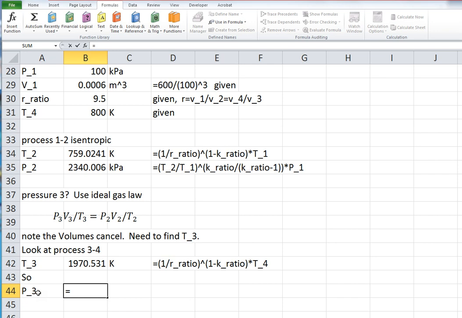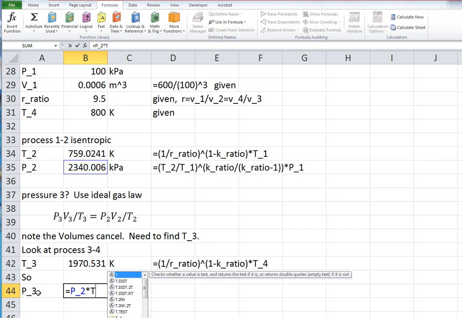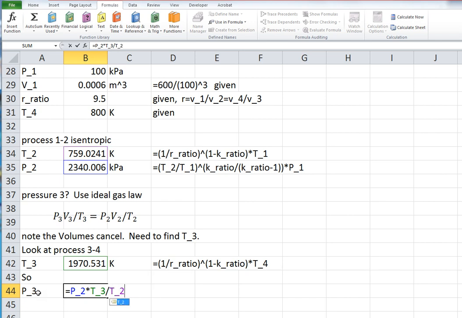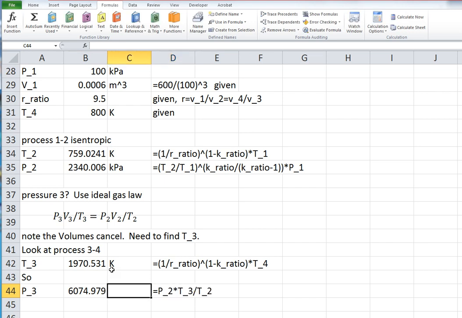So it's equal to P2 times T3 over T2. I'm just using this ideal gas law with V3 equal V2. Okay, so we got the pressure and the temperature there.